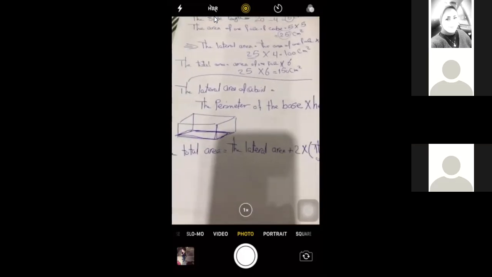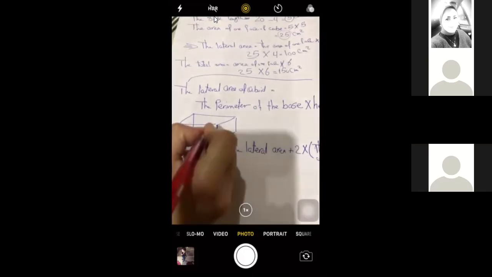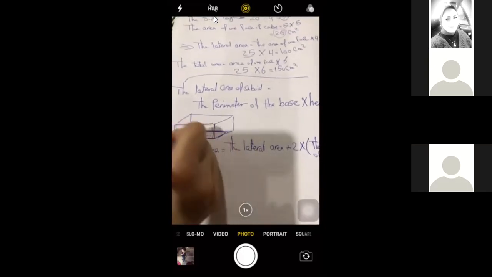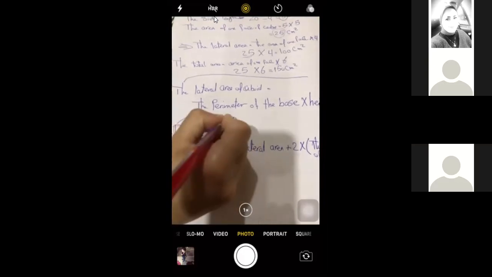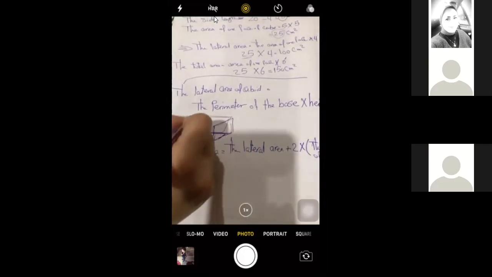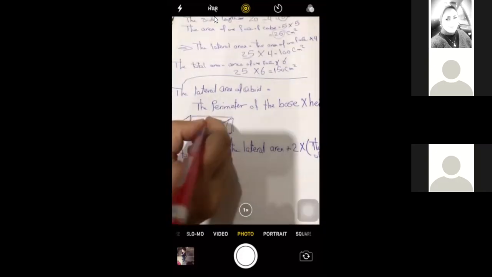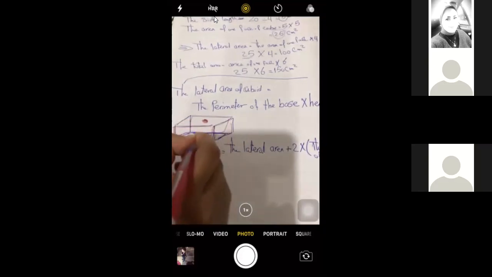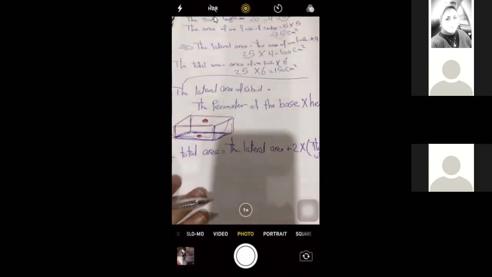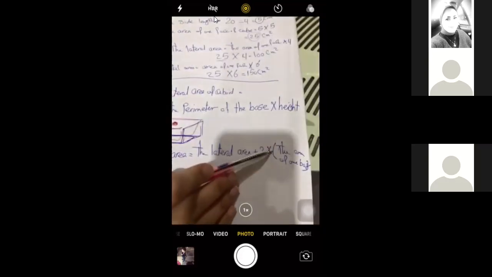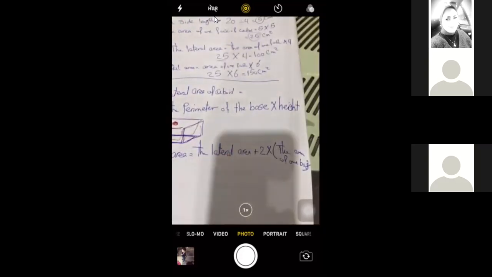The total area means I get the area of all the cuboid. It's the lateral area. The lateral area means the red face here, and this face, and the face in the back, and the face here. This is the lateral area. Plus I have how many bases? Up and down. I have 2 bases, so I make 2 multiply the area of one base because we have 2 bases, okay?